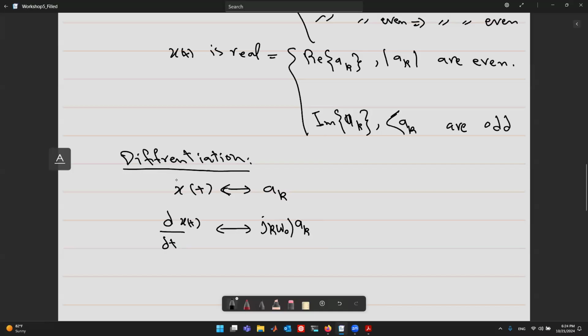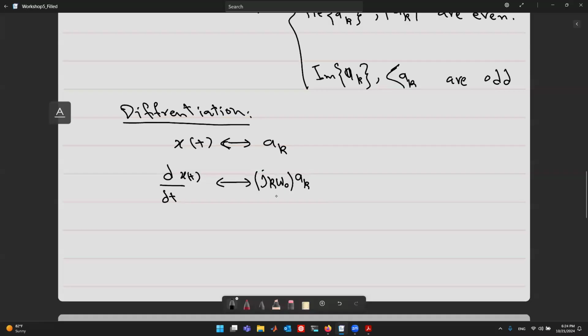To generalize this, every time we take the derivative, we multiply by this term again. So for the nth time derivative, this will have (j k omega naught) to the n, times a_k.